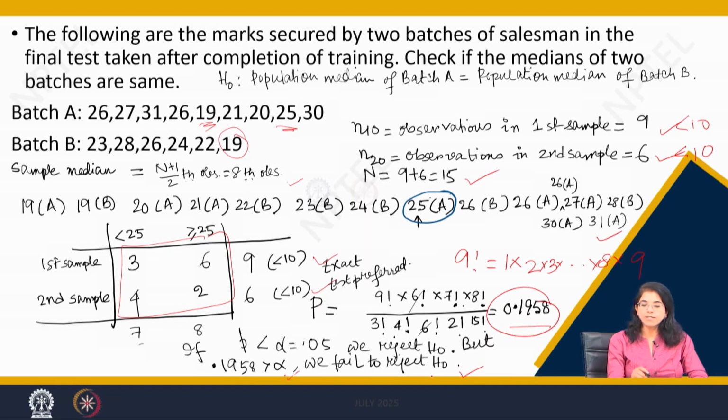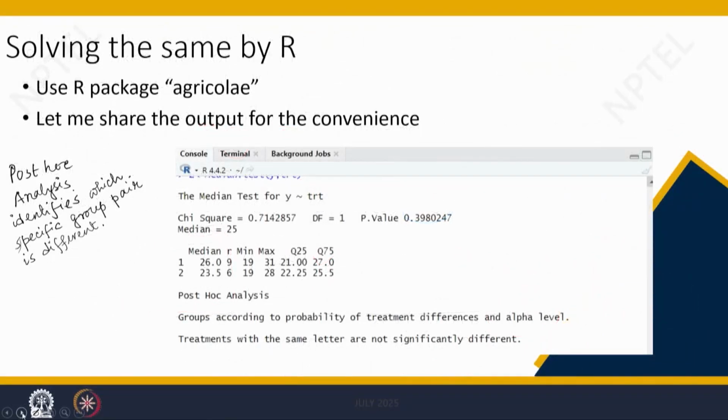Just a quick return to the null hypothesis. It says that the population median of batch A and the population median of batch B are equal, they are the same. So you can conclude that the medians of the two batches are the same, right?